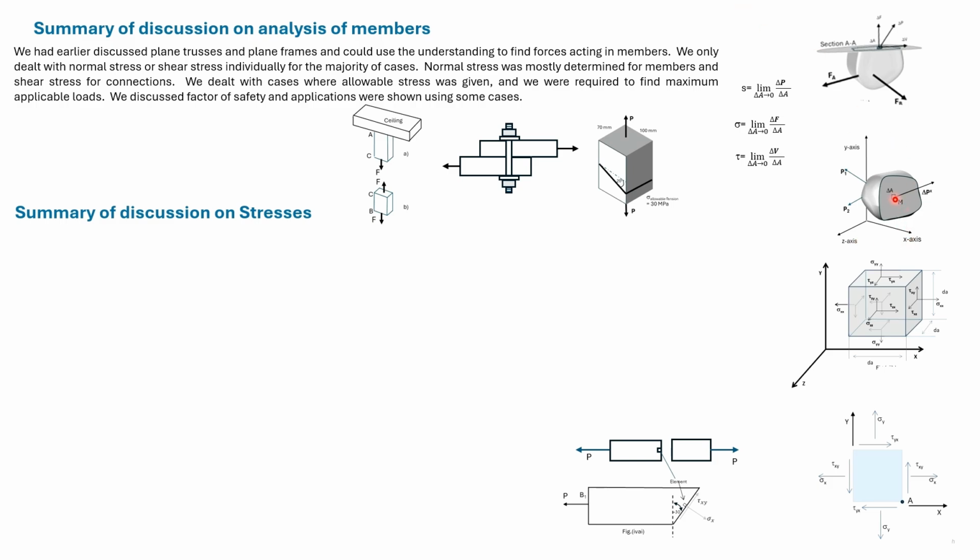Say that we want to define the stress at a point M in this body. We then consider an infinitesimal element at the point M. The faces of the element align with the faces of the coordinate axis.